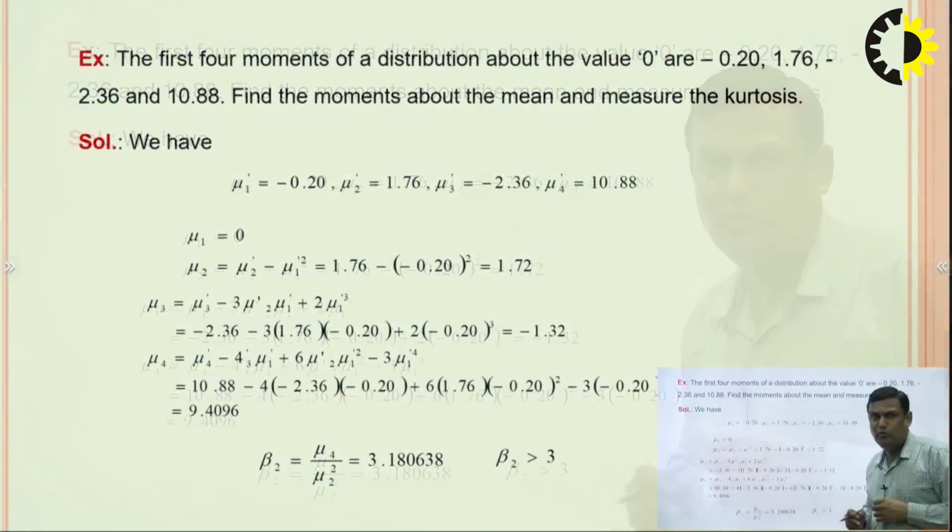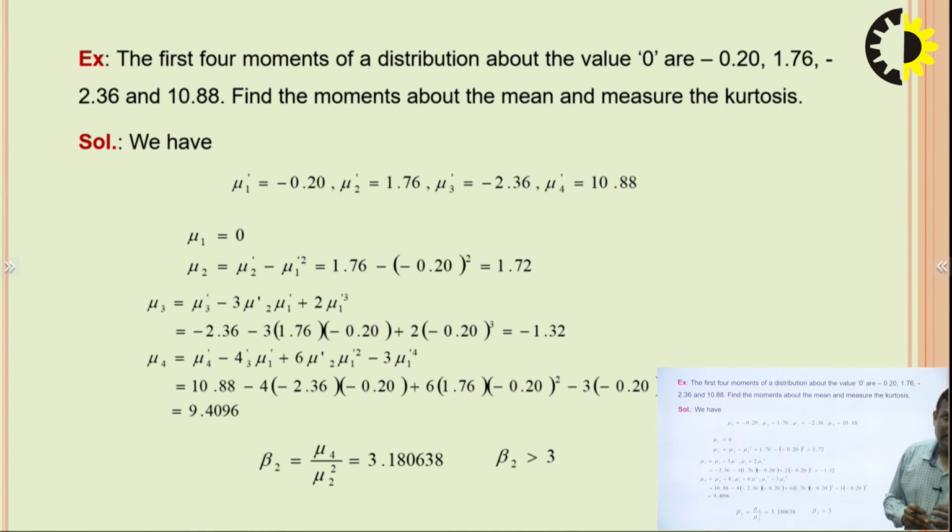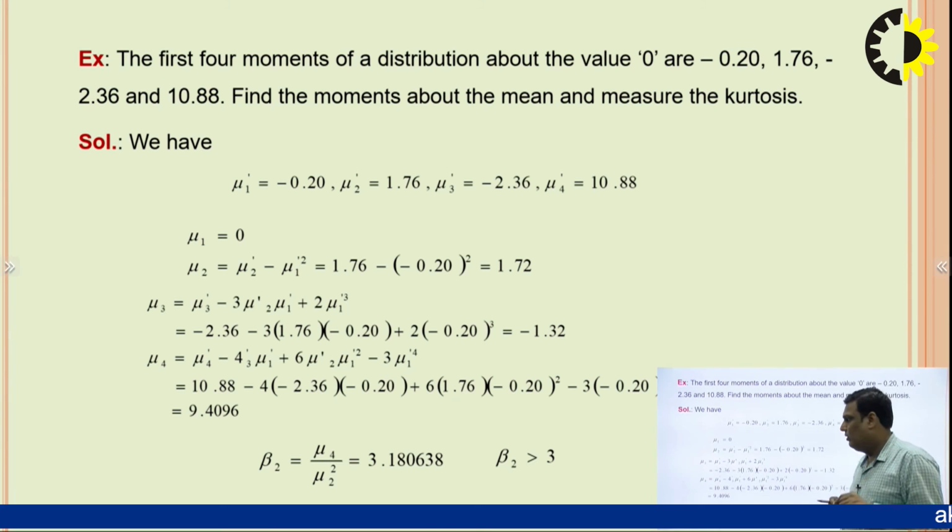Put all the values, 1.76 minus of 0.20 whole square, and the value is 1.72. So we have found mu2 equal to 1.72.